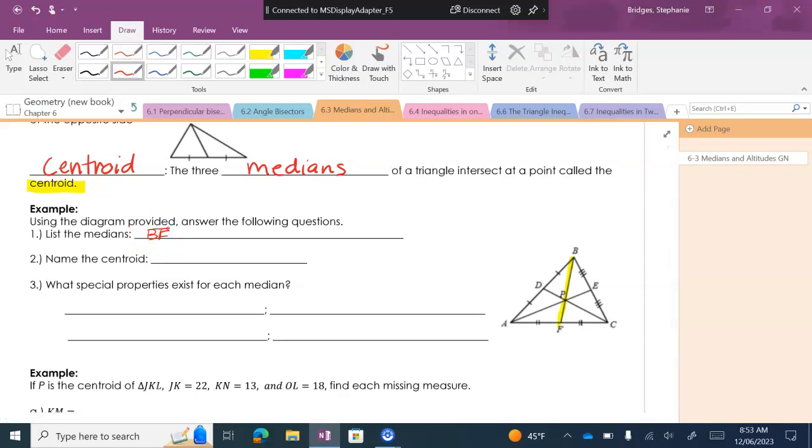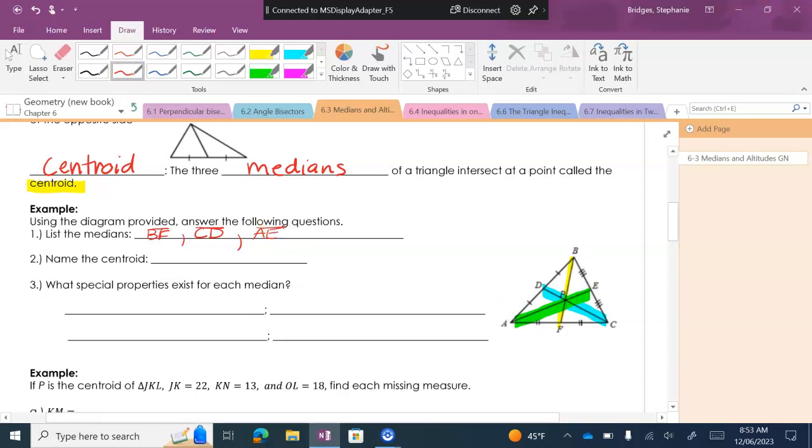We have two more medians in that picture. You want to take a guess? Yes, DC or CD, however you want to call that one. It goes from a vertex to the midpoint of the opposite side. And what was the third one you said? AE. It goes from that vertex to the opposite side.